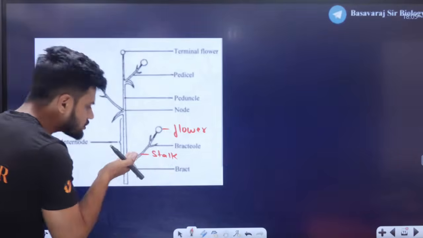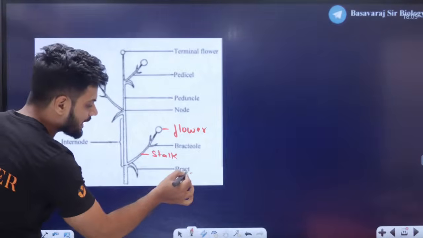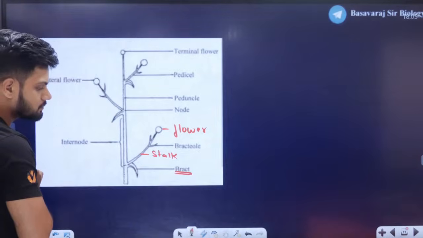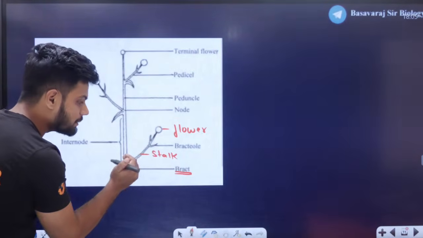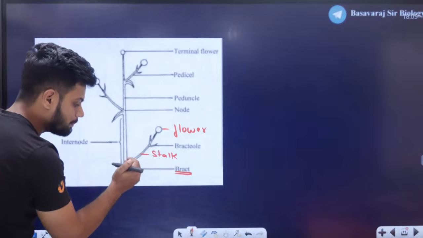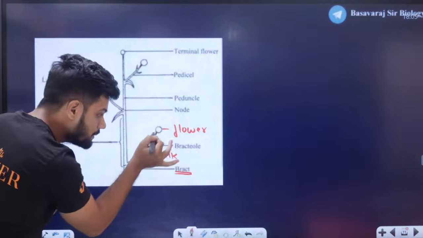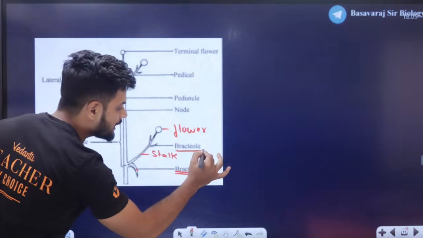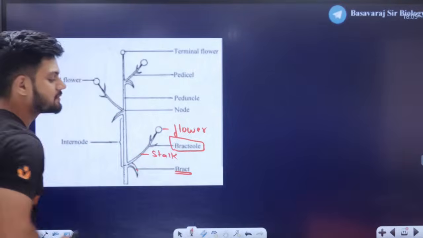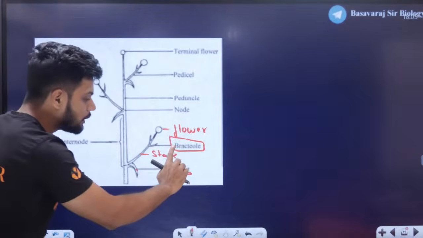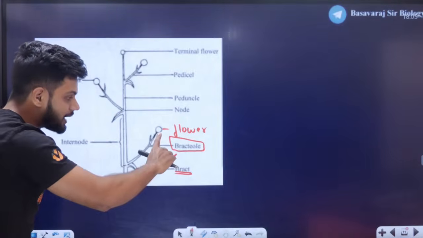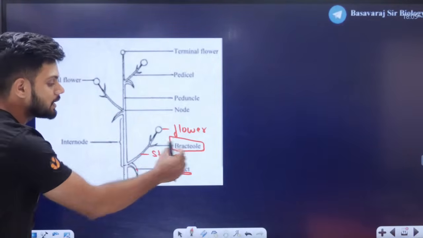At the base of the stalk, we have the bract. Between the bract and the flower, in the middle, sometimes we can find bracteolates. Bracteolate is the middle person.